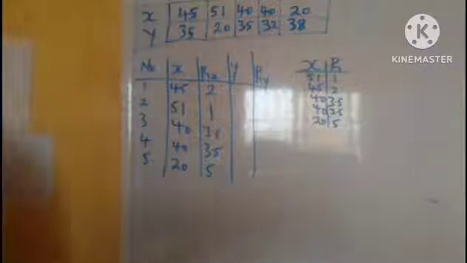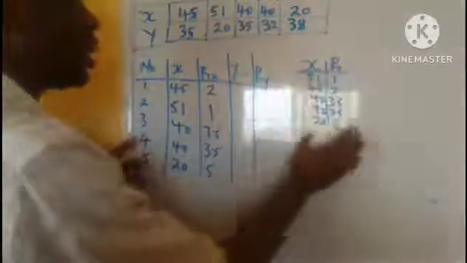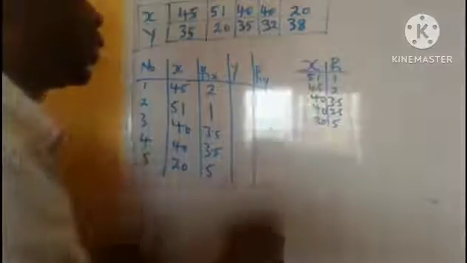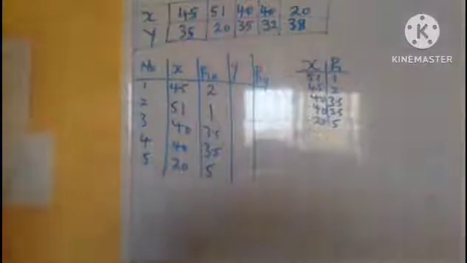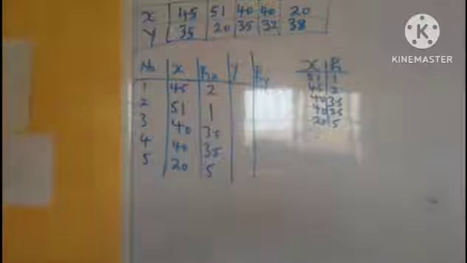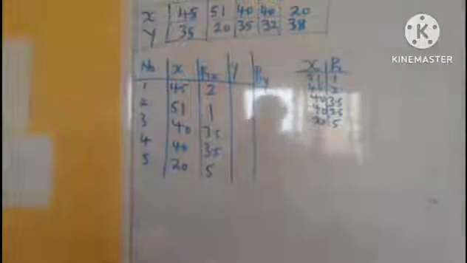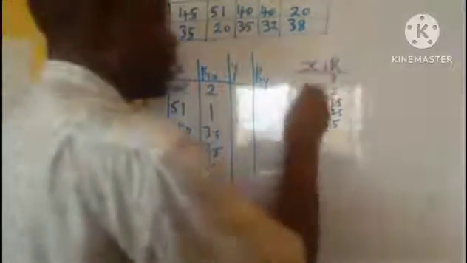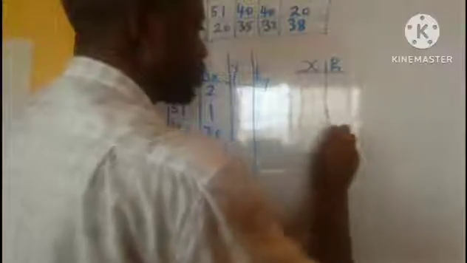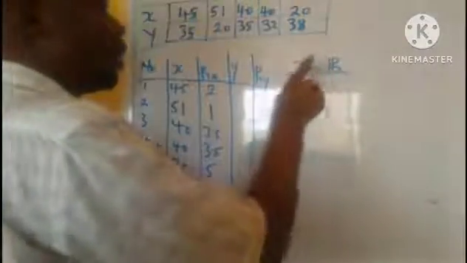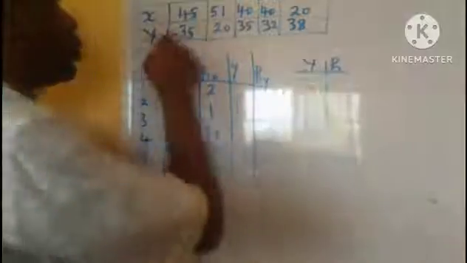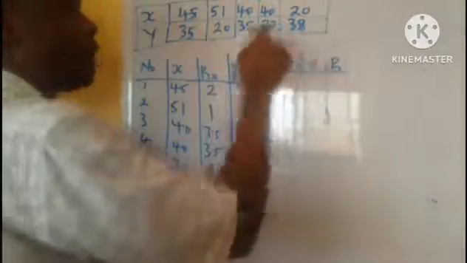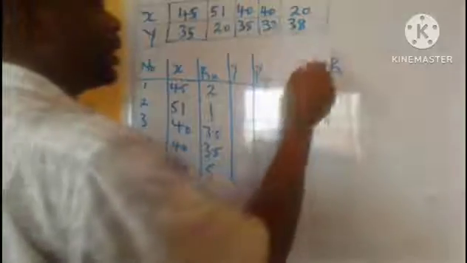What I did to x, that I ranked it, I will do to y. So I will need to erase this now. I'll put my y now. For y, I pick the highest first. Which one is the highest? 38. I want to write the rank of y also.